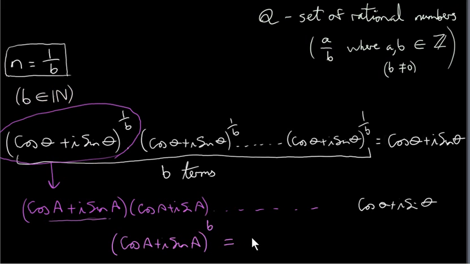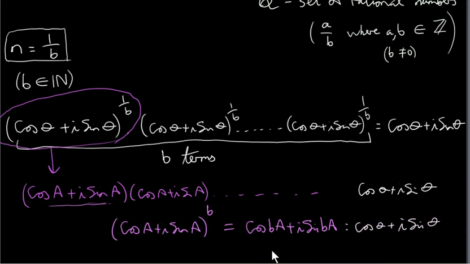We can apply de Moivre's theorem to get cos ba + i sin(b times a), and that must equal cos θ + i sin θ. So now we can get one value of a. We see that because the real parts are equal, then θ must equal b times a. Now that's one value for θ.